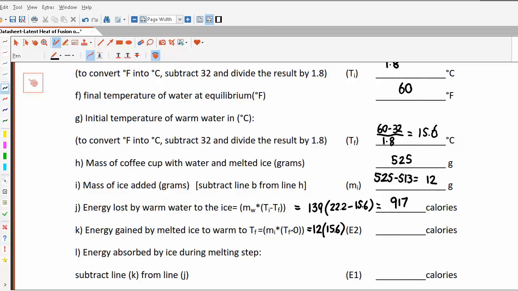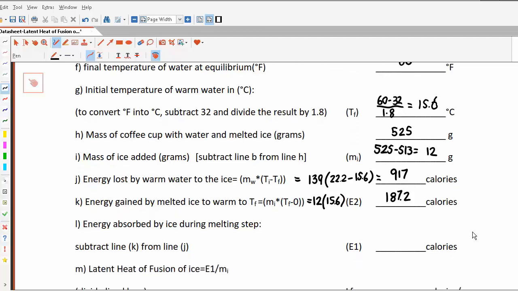You see we're just subtracting 0 from that. I didn't put that subtraction of 0, there's no need to. So if we multiply 12 by 15.6, we get 187.2.